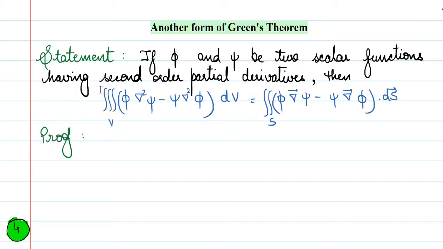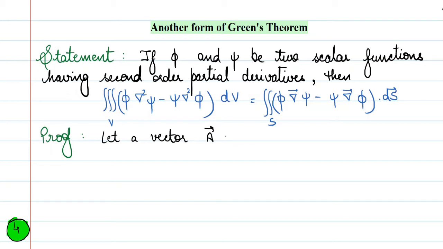So even if here the statement says that we are having two scalar functions, we cannot find divergence of a scalar function. That is not possible. And Gauss divergence theorem involves divergence. We have to consider a vector. So to start, let's consider a vector, but we have the freedom that we can choose the vector to be of any type.